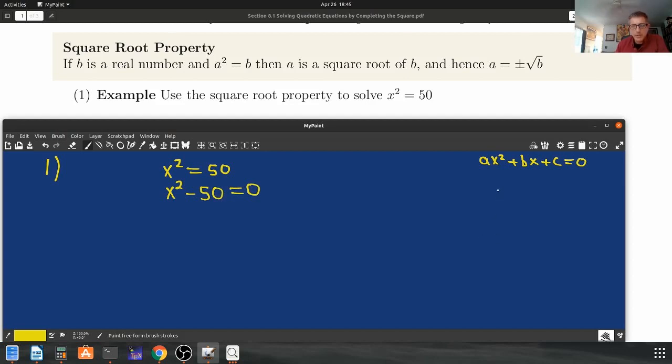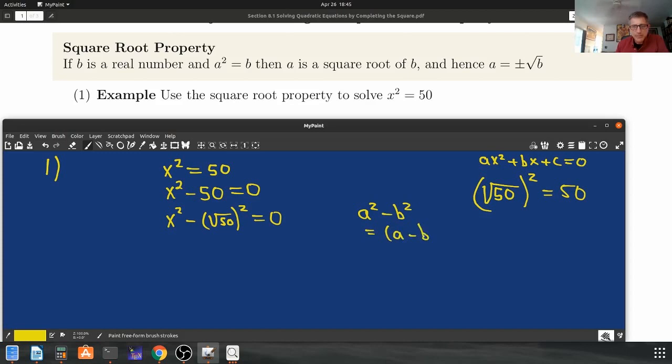And now I'm going to simply note that we've learned that the square root of 50 squared is actually equal to 50. So I can rewrite that as x squared minus the square root of 50 squared is equal to 0. And recall, a squared minus b squared is equal to a minus b times a plus b.